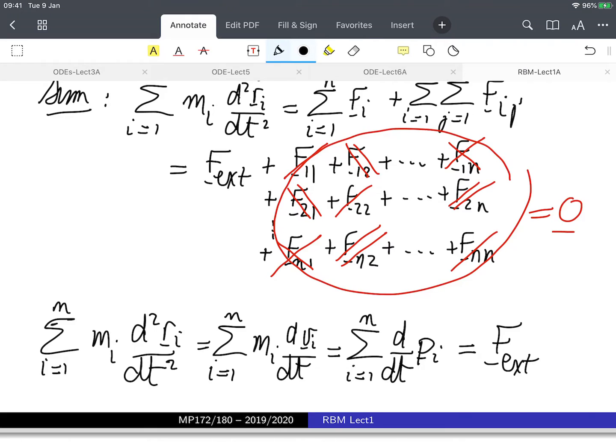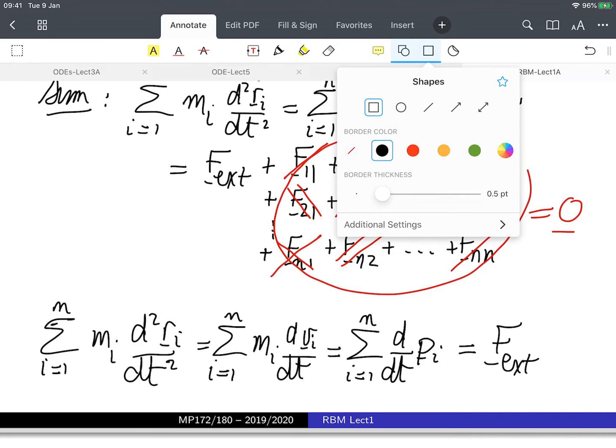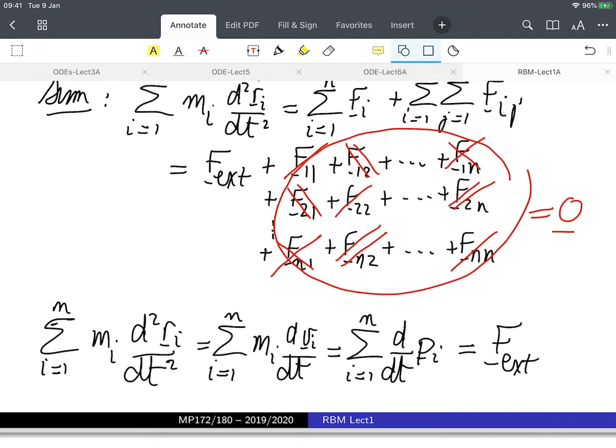And in this equation, the internal forces don't play any role.